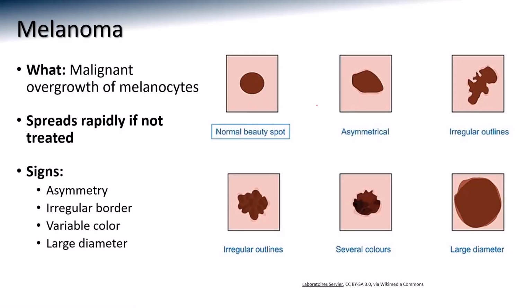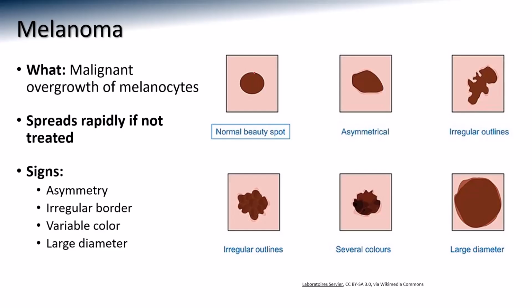Okay, a melanoma is very similar to a mole, except instead of being a benign overgrowth, it is a malignant overgrowth of melanocytes. So these look very characteristically different from a normal mole, and I do love that this calls it a beauty spot. So beautiful.